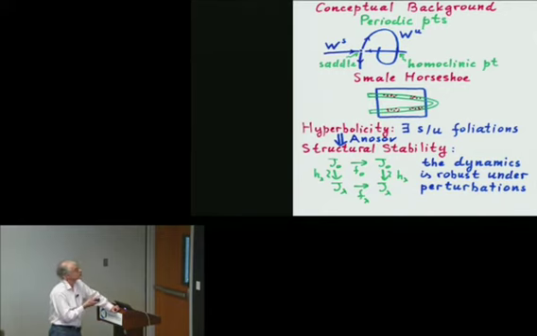Assume that this fixed point is a saddle, that the differential has two multipliers, one of which is inside the unit circle, the stable multiplier. There is a stable manifold corresponding to this multiplier. Another one is unstable, and there is an unstable manifold. The orbits on the stable manifold exponentially fast converge to this point. The orbits on the unstable manifold are exponentially fast repelled from this point.